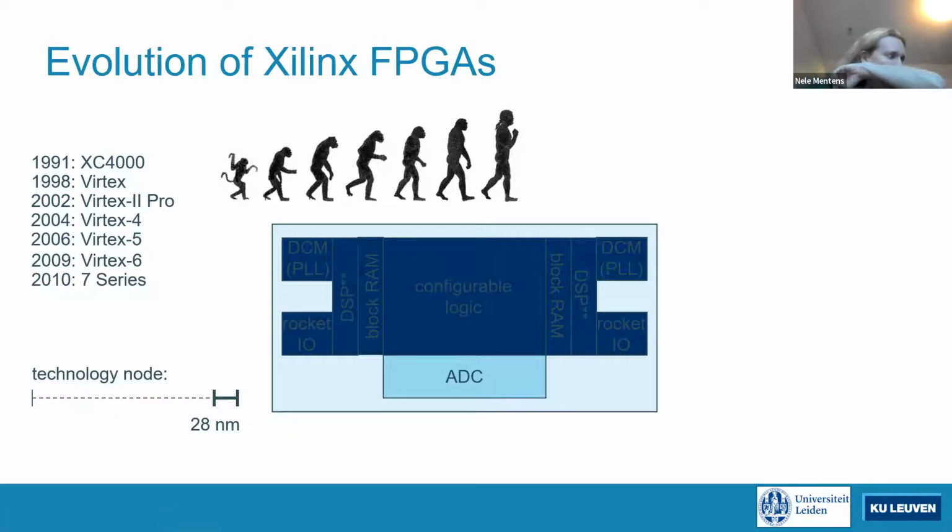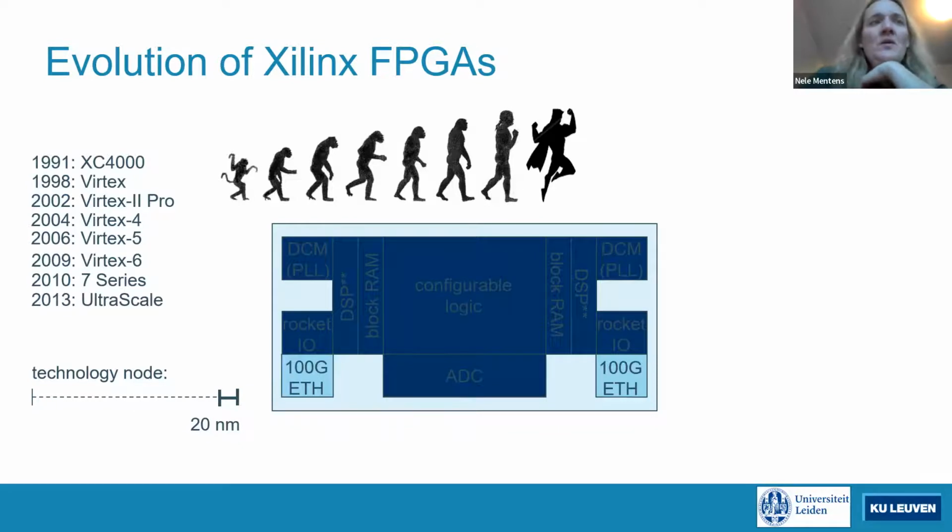And one more addition in one of the next generations of FPGAs was the addition of analog to digital converters. So now it's also possible to use some pins as analog pins in the FPGA, and then the conversion is done on chip. So you can also imagine that this is useful for many applications.